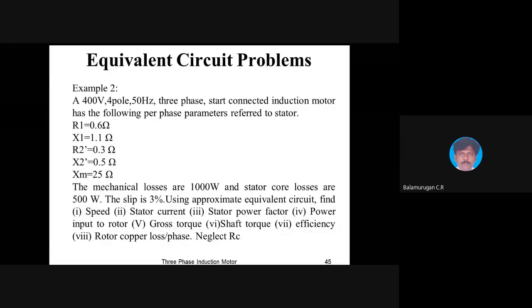Then you find the stator power factor, which is equal to cos of minus 30.5.